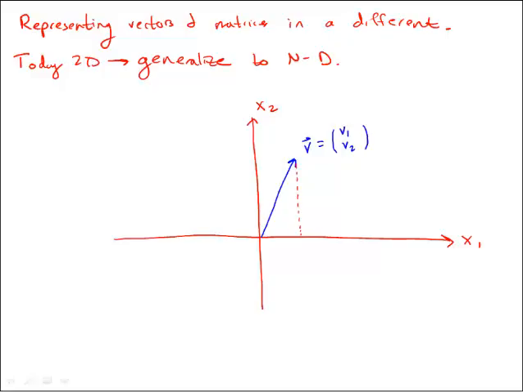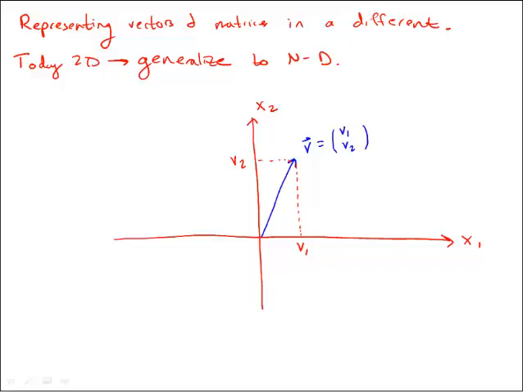And what that means is that our vector v goes over v1 in the x1 direction and over v2 in the x2 direction. So that is a fine and dandy representation of our vector v. We can write down v1 and v2.